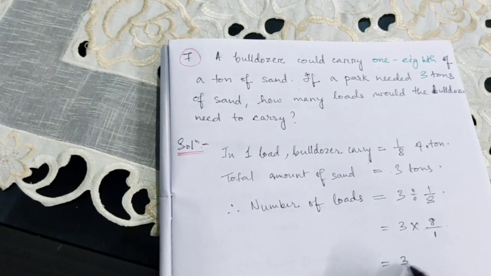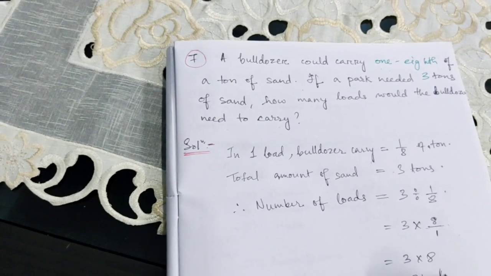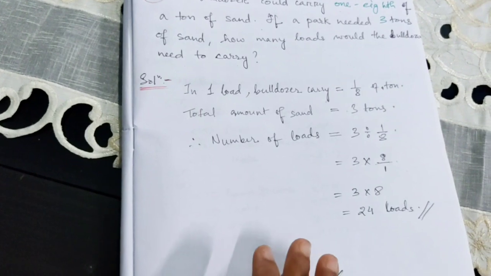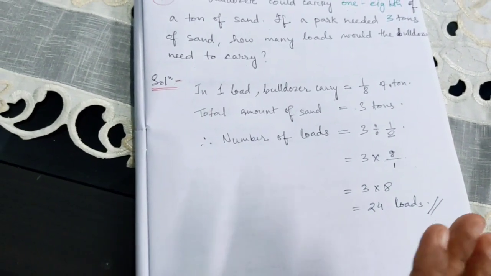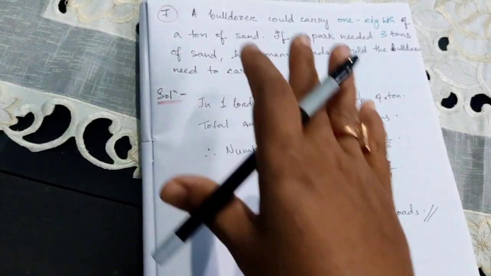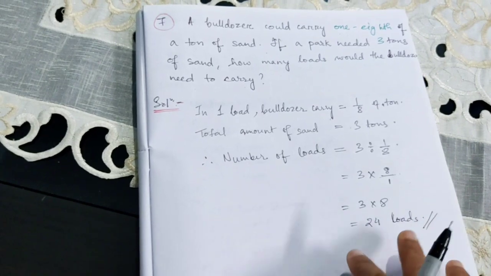So it will be 3 into 8, that means 24 loads. So the bulldozer will have to make 24 trips, so that the total 3 tons of sand can be put in the park.